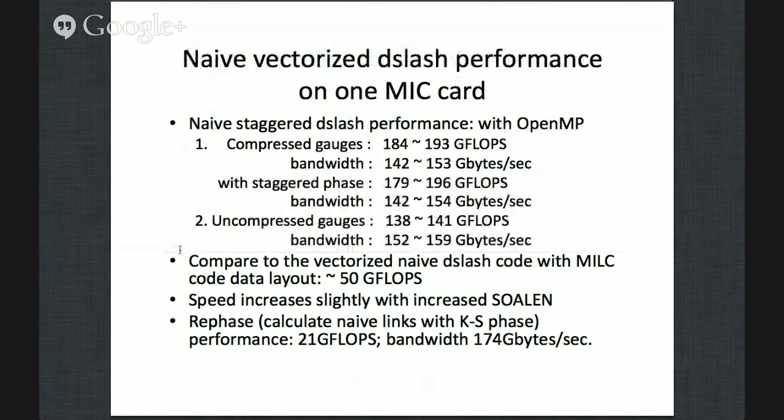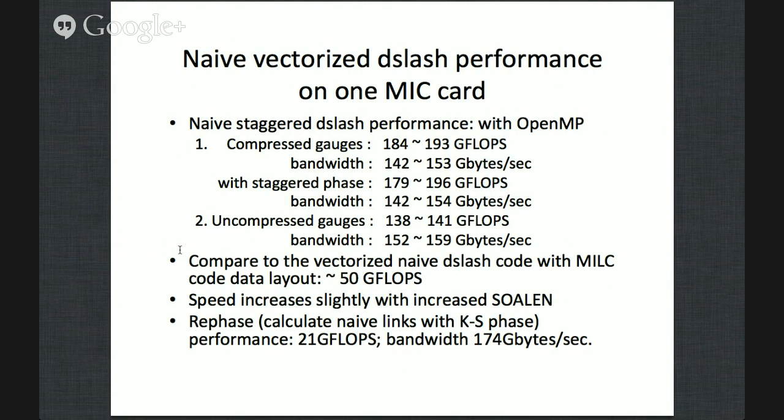With that data layout, we first tested the naive D-slash performance on one MIC card with OpenMP. With compressed gauge, we observed performance around 190 gigaflops, with bandwidth around 140 to 150 gigabytes per second.